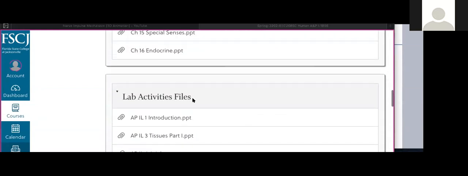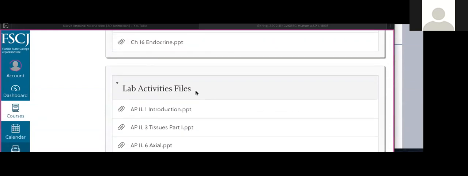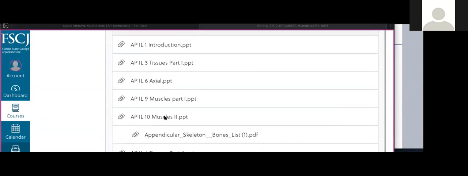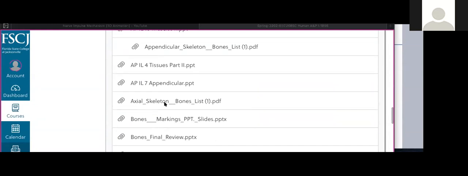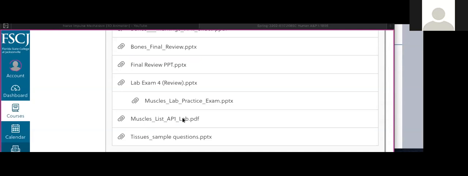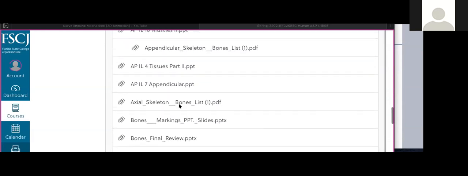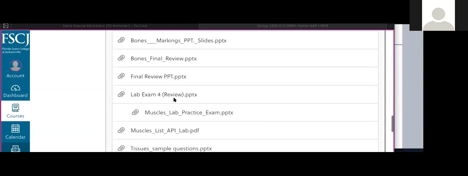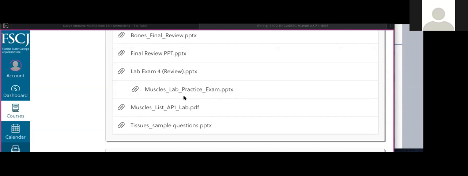You will find it under the lab activities files. So you have the PowerPoint presentations for the labs, as well as lists, for example the muscles lists, those are the muscles which you are required to know for this upcoming lab exam. And you can find the practice exam, which is the final review for the muscles lab practical exam.